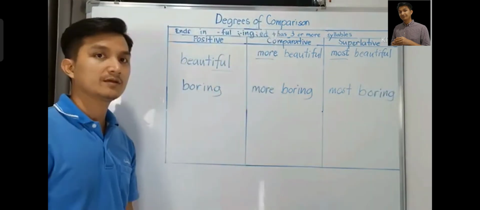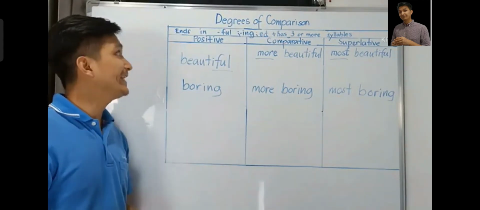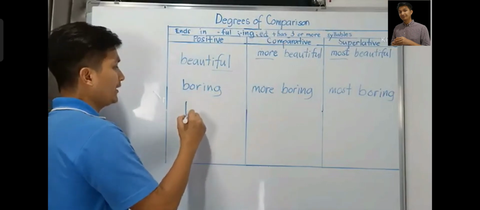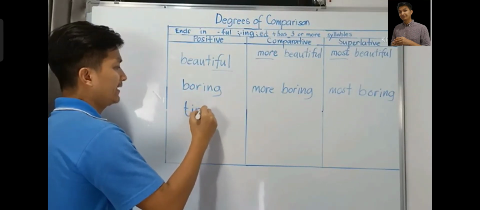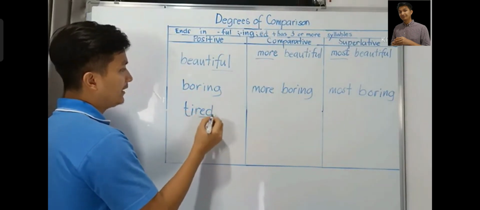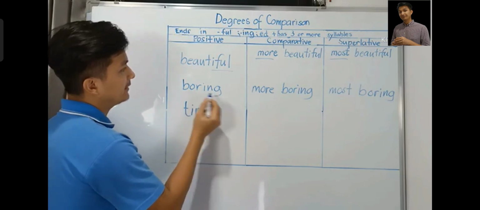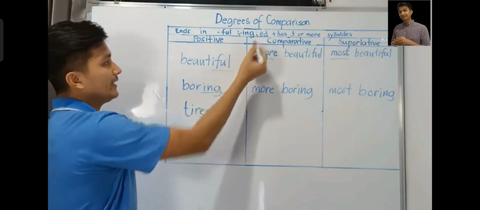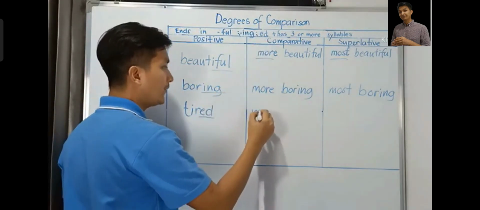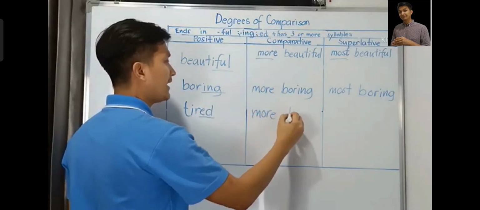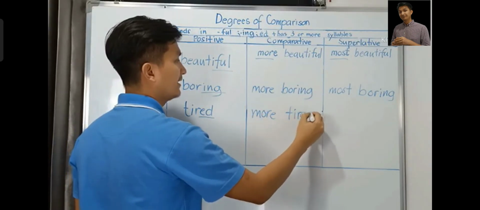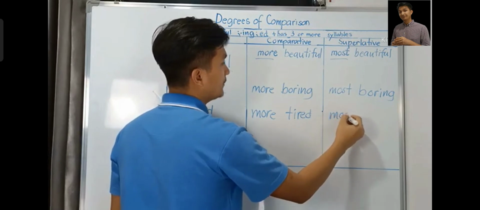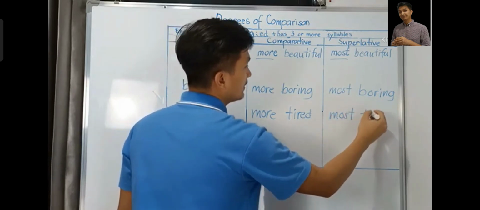Okay? How about the adjective that ends in ED? We're going to use the word tired. It ends with ED, right? So we're going to write more tired. And here at superlative we're going to use most tired.